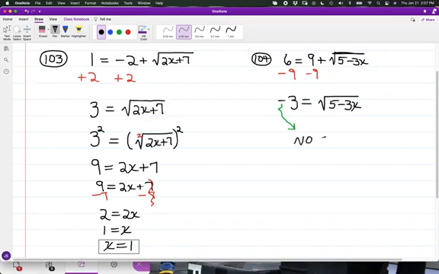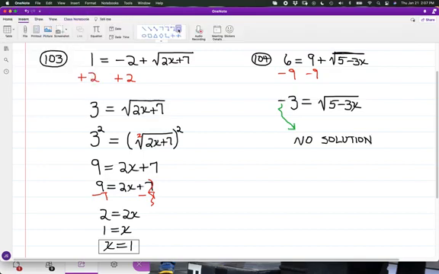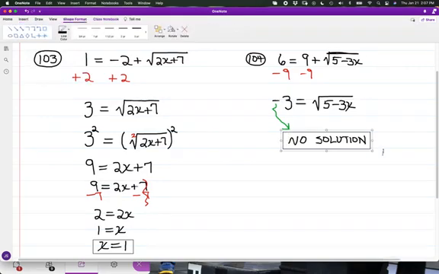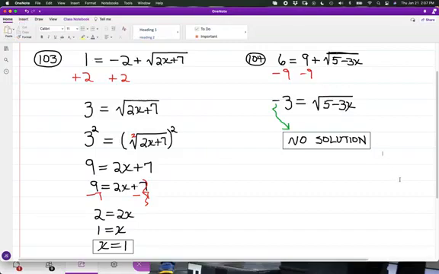And so in this case, there is no solution. Again, the even root of an expression cannot reduce to a negative constant. So 104 again has no solution.